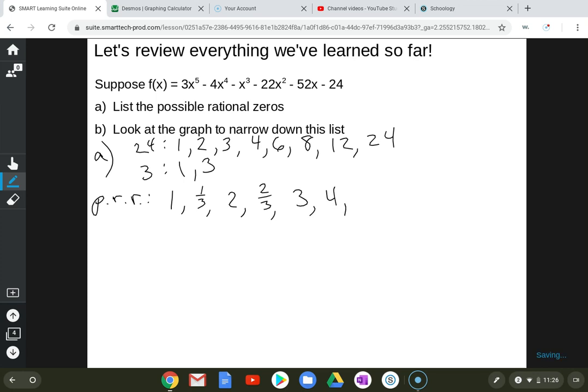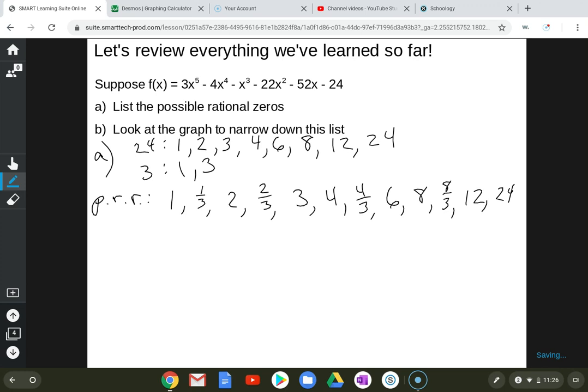4 over 1, 4 over 3, 6 over 1. 6 over 3 is 2, which we've already got, so we don't have to write it again. 8 over 1, 8 over 3, 12 over 1. 12 over 3 is 4, which we already have. 24 over 1. And then 24 over 3 is 8, which we already have.